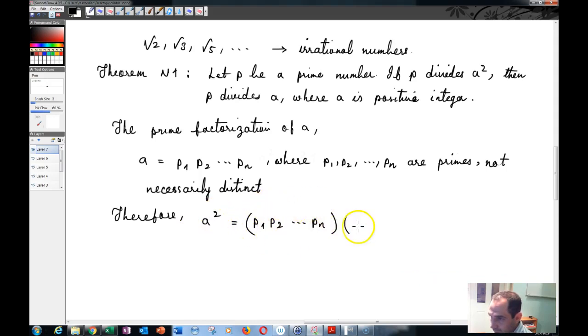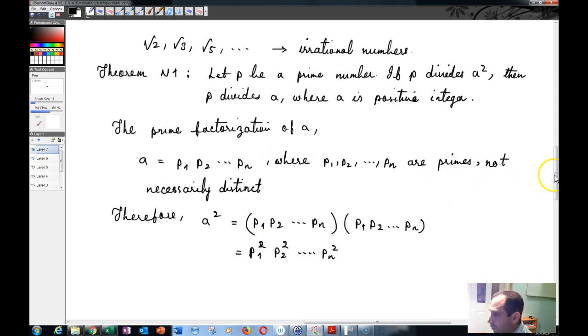So this is a, and this is also a. And that is equal to p of 1 squared times p of 2 squared times all the way up to p of n squared.